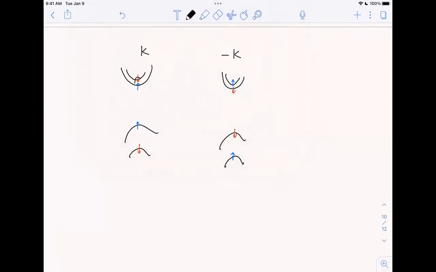So why is there a small splitting here? This small splitting is not due to the d orbit. The d orbit gives you 0. I think I haven't checked it very carefully, but I think it's due to the p orbit in the Se atom.